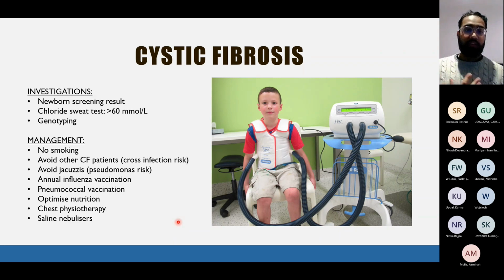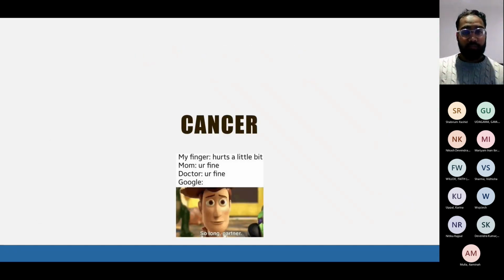It assists the lungs to clear the mucus out. So it shakes really quickly, kind of breaks that mucus down a little bit and helps the kid to cough it up easier, which helps them breathe easier. But they have to go to this physiotherapy very regularly. Then saline nebs as well, just to help try and break things down a little bit more. So on to lung cancer next.